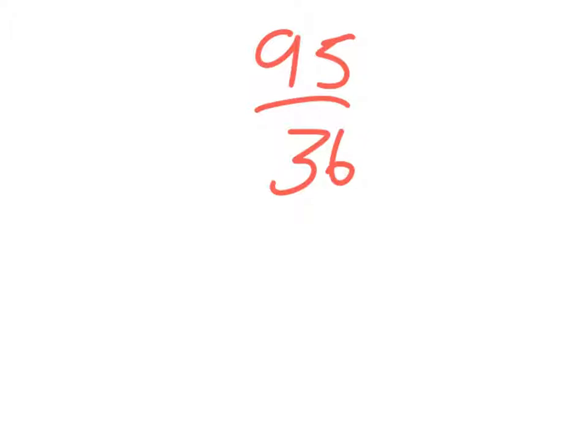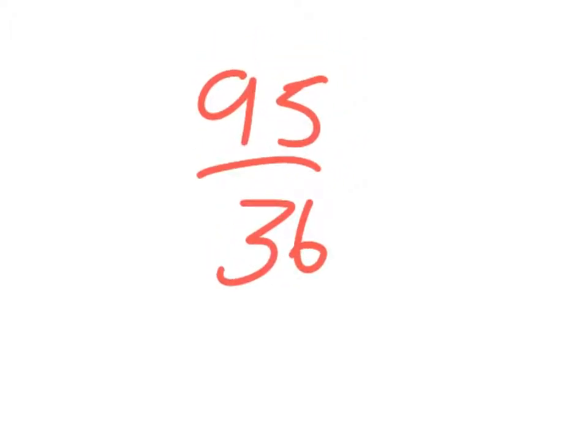This actually could be complete, but if you wanted to turn it into a mixed number, the denominator would have to go into the numerator 2 times. So we're going to multiply 36 times 2, which is 72, minus 95, which would get you 23. And then this would be your numerator.